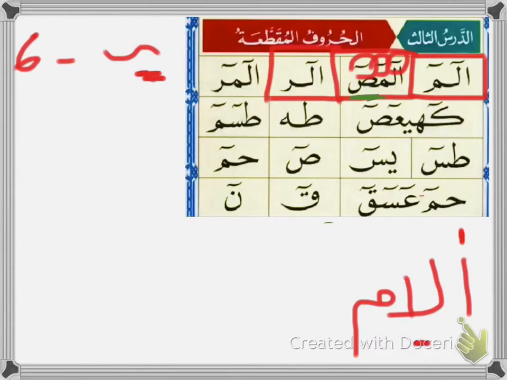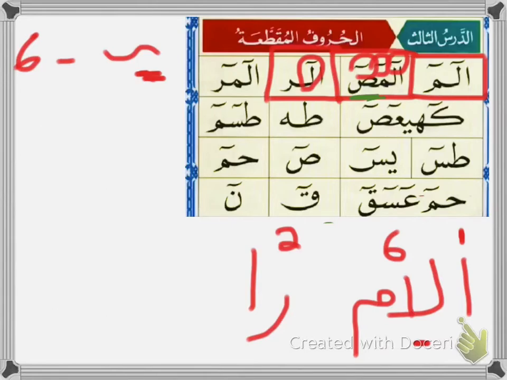Here the lam has the sign on top of it, so it's 6, the length of the mad, and the last one is the ra. This is how we write the ra. Ra is 2 sounds. That's a normal mad. You'll see that in lesson 8. So 1, 6, 2.